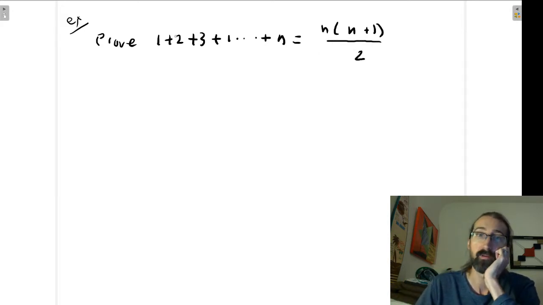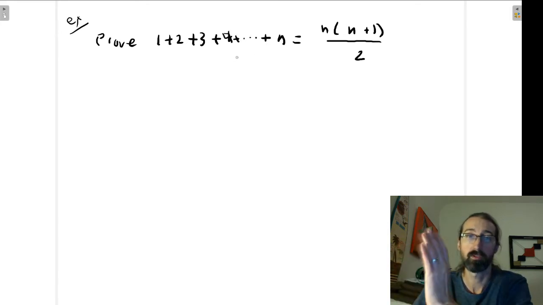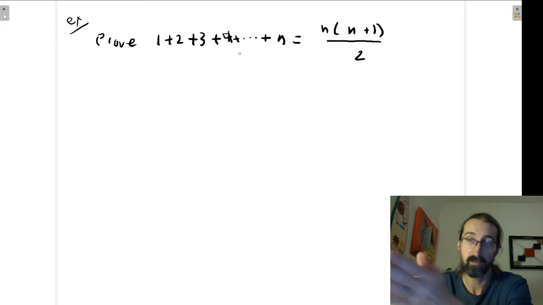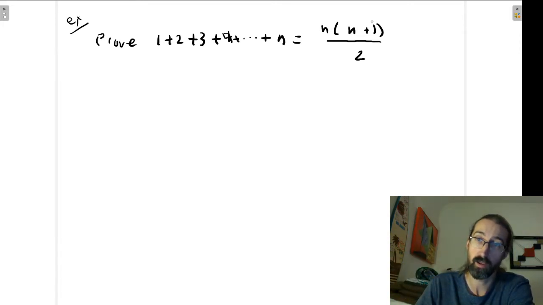If I add up some amount of numbers, call this 4, plus dot, dot, dot, 1 plus 2 plus 3 plus 4, all the way up to n, add them up, you get this equation over here, n times n plus 1 over 2. This is what I want to prove. I want to show that if I add up all those, it equals that equation. So let's do induction. The first step, show it's true.